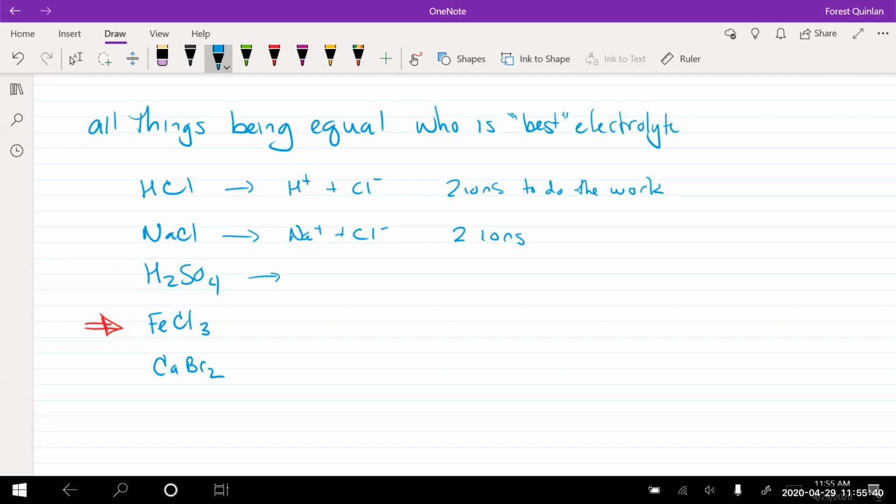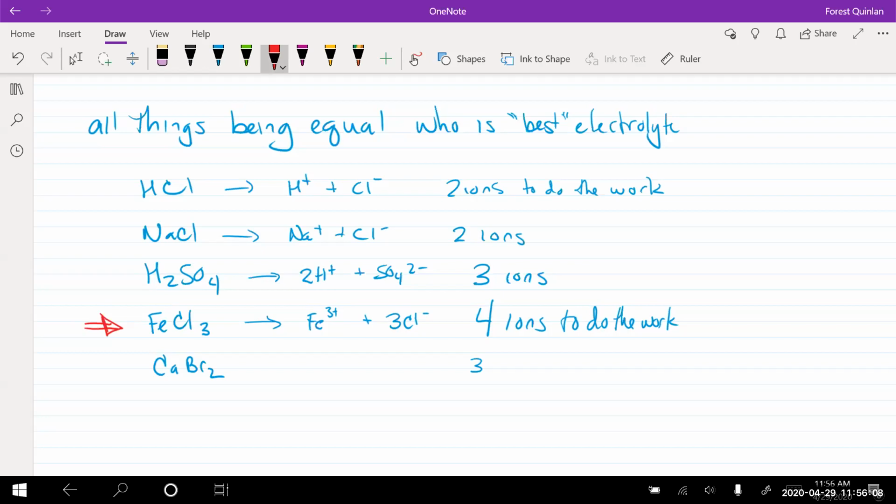It's used in your car batteries because it's a great electrolyte. It's 2 H pluses and an SO4 2 minus. Well, now we have 3 ions, looking pretty good, but oh, here we go. FeCl3 is going to break up into an Fe3 plus and 3 Cl minuses, 4 ions to do the work. That means you have 4 more hands. And then, of course, CaBr2 is only 3.